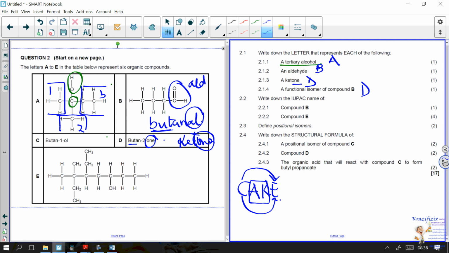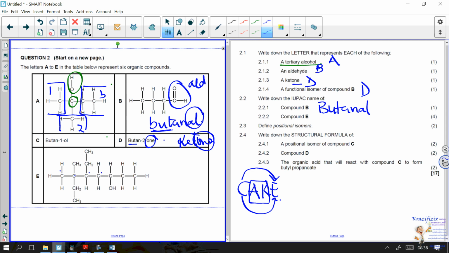Write down the IUPAC name of E. Already, guys, we answered that while we were talking there. It is butanal. What about the compound E? IUPAC name of compound E. Let's go check quickly. What is the longest chain here? Okay, it's 1, 2, 3, 4, 5, 6, 7. Is that the longest? We just keep checking. 1, 2, 3, 4, 5, 6, 7.